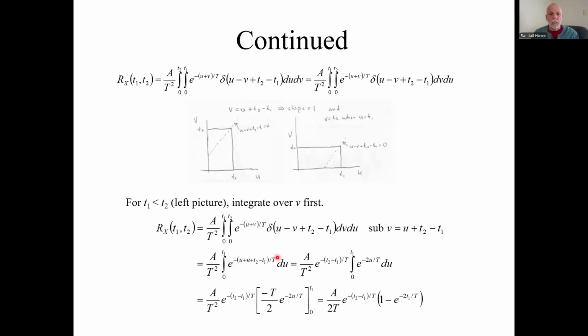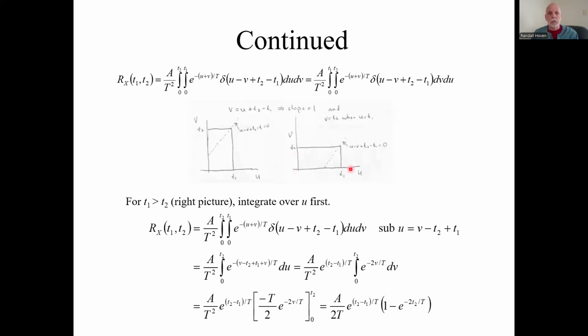This is the result of that inner integral. So now we just need to integrate over U. We can pull out the T2 minus T1 because it doesn't involve U. You're left with the 2U in here. You can take this integral easily enough, and here's the kind of ugly result.